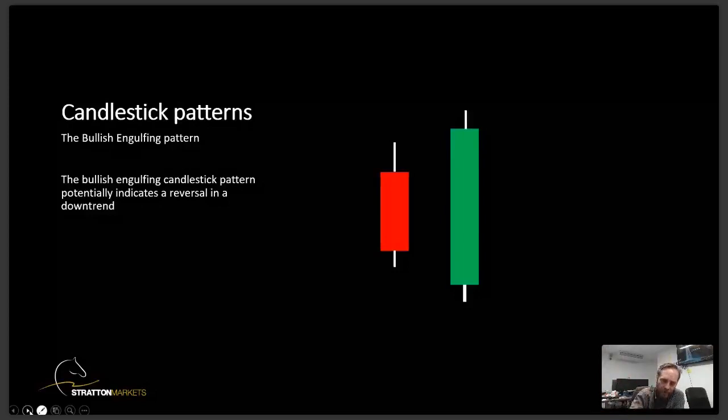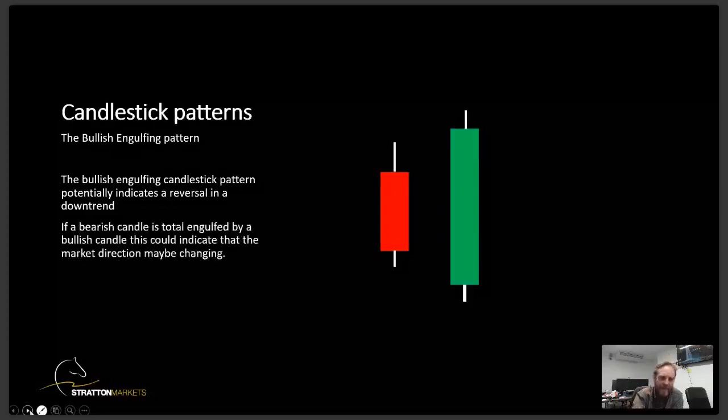Now, a bullish engulfing candlestick pattern, again, identifies a potential reversal of a downtrend. What you'll tend to see to identify this pattern is a bullish candle at the end of a downtrend, not when the market is ranging, not when the market is on an uptrend, but when the market is on a downtrend.